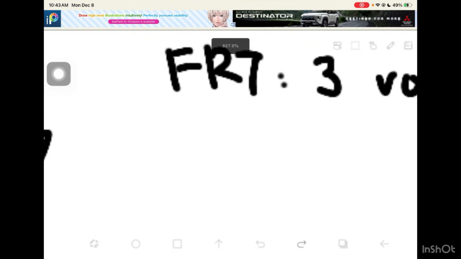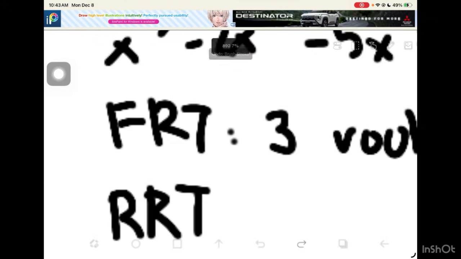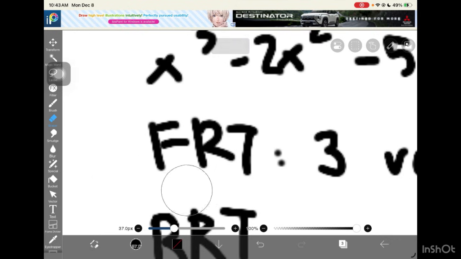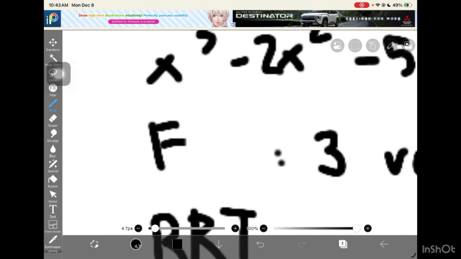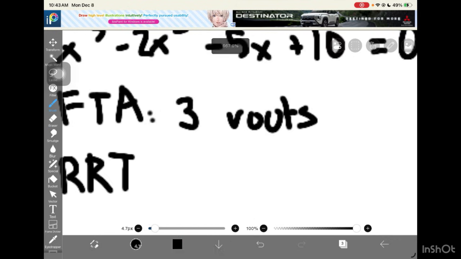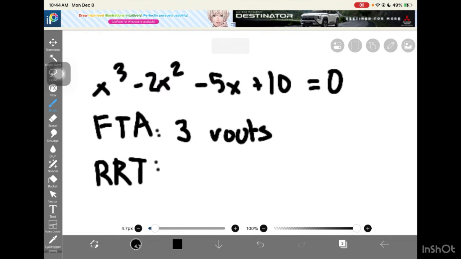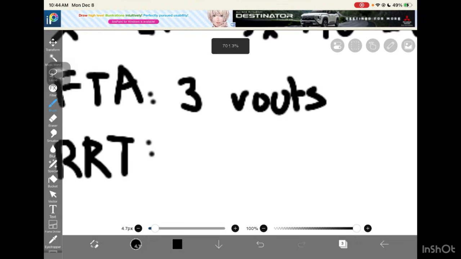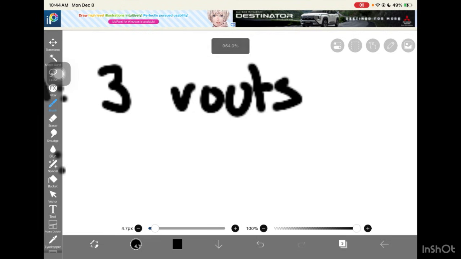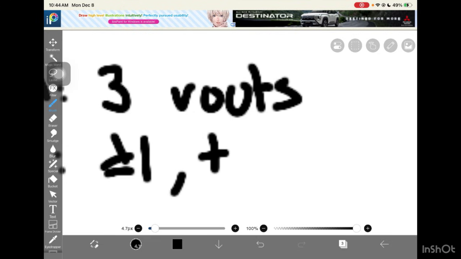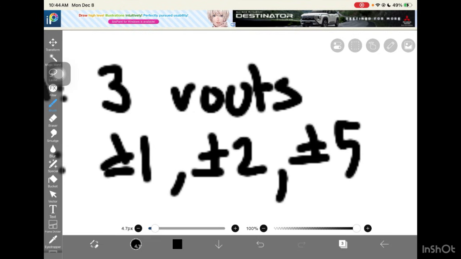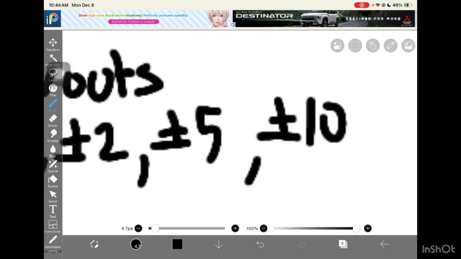And then, RRT, we have factors of 10 over factors of 1, so just factors of 10. That's equal to plus minus 1, plus minus 2, plus minus 5, and plus minus 10.